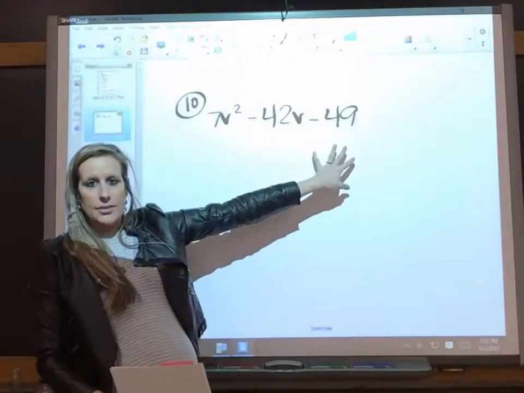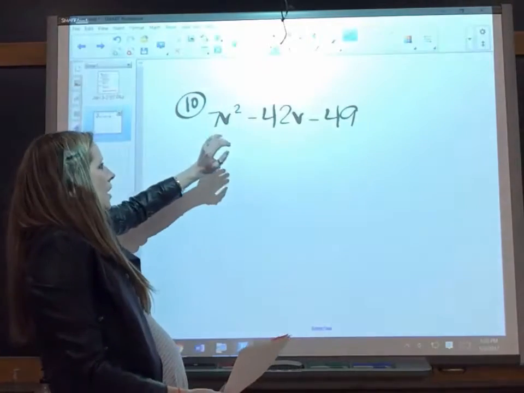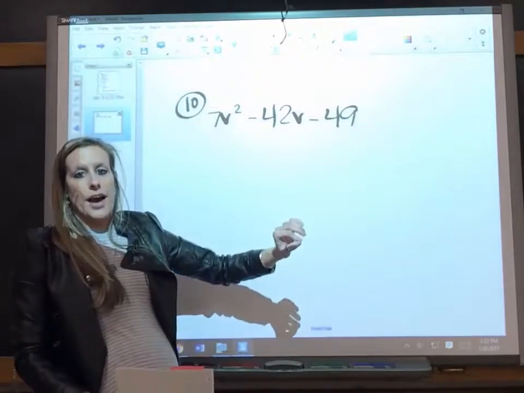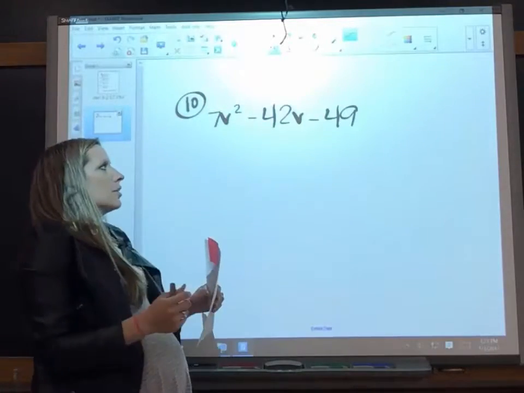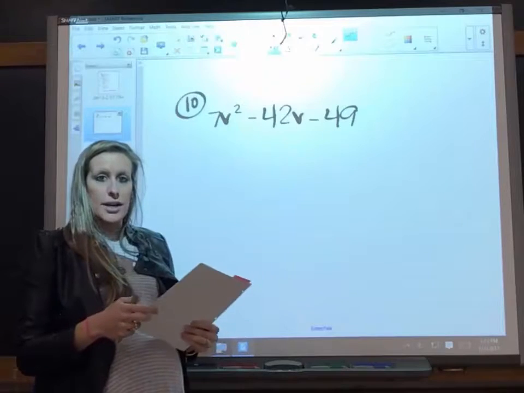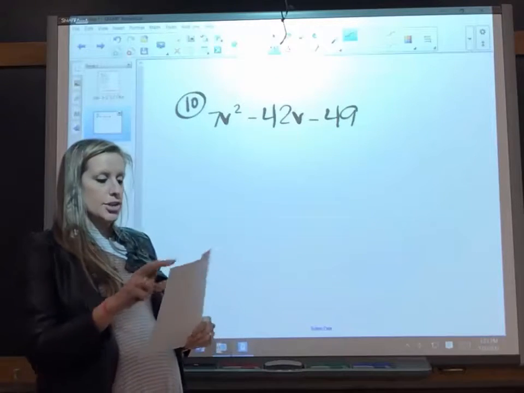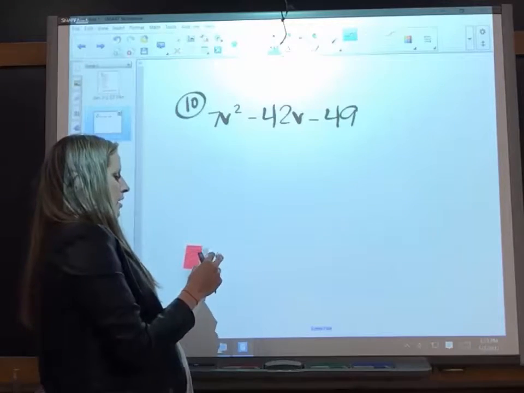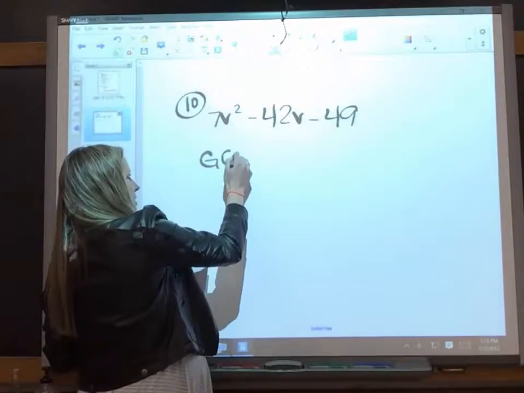Don't worry about the negatives right now, okay? But between these three numbers, is there a greatest common factor? If you can do it in your head, do it in your head. If you need to use the calculator to find the greatest common factor, you can do that too. But the greatest common factor here would be 7.